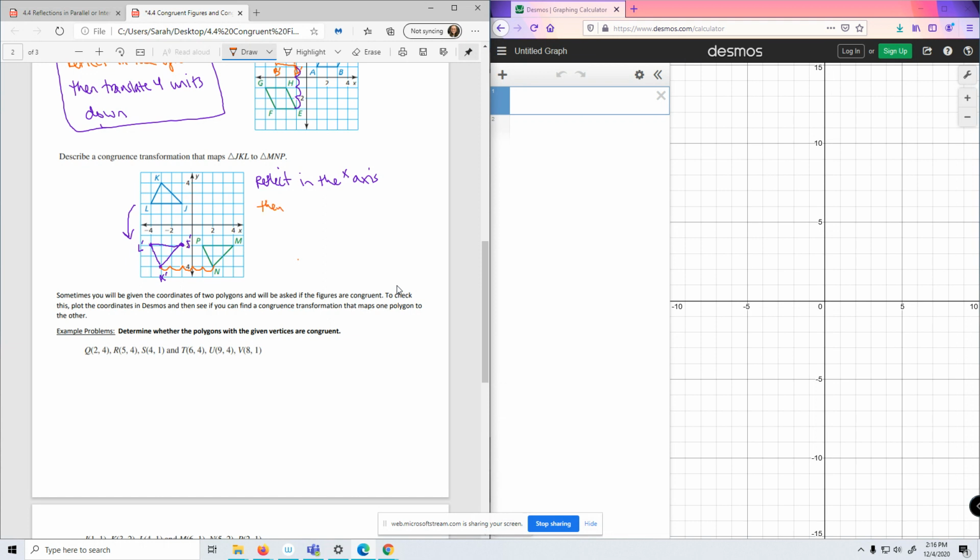So then we translate 5 units to the right. So the combination of the reflection and the translation is my congruence transformation. To get from JKL to MNP, I first reflect in the x-axis, then I translate 5 units to the right.